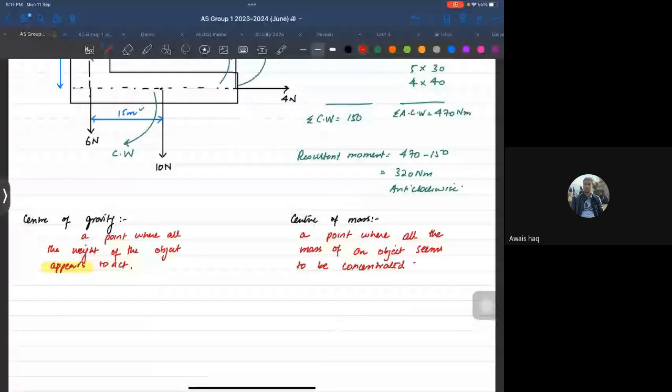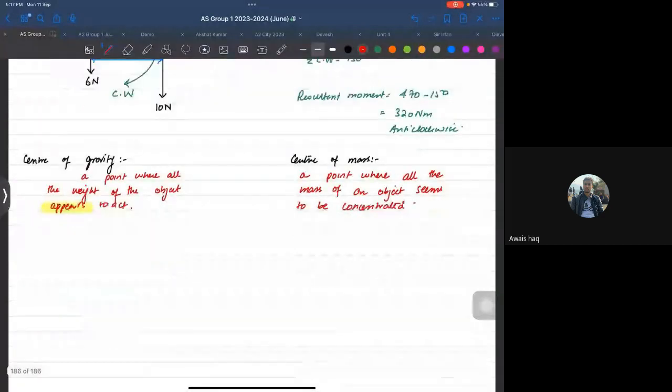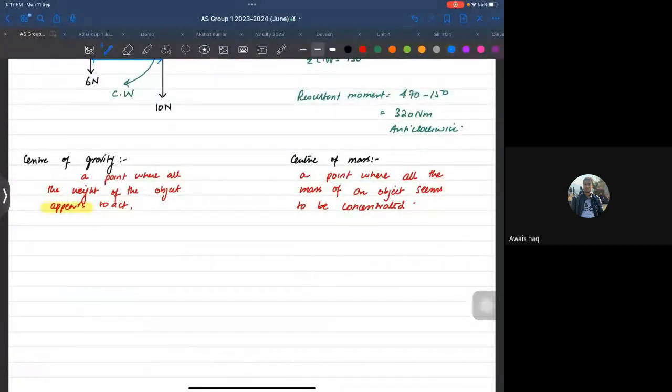Remember that center of gravity can be outside the body. It's not important that it always is within the body. It can be outside as well.